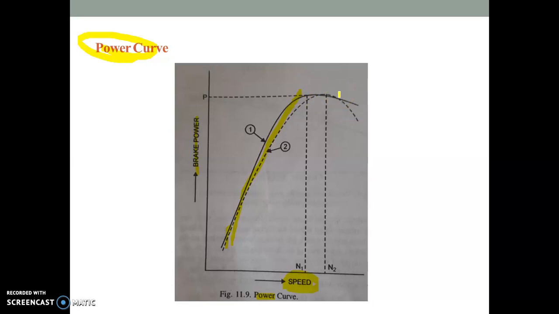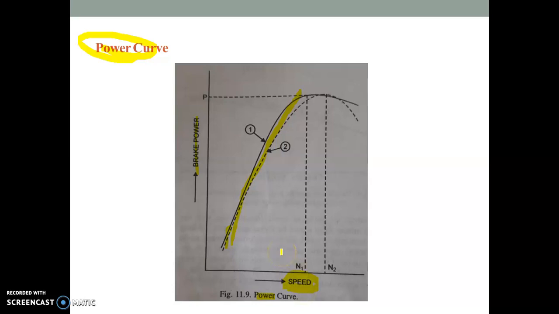With the increase in the speed, the curve goes on decreasing in slope till the power reaches a maximum, after which it starts decreasing. The maximum value of the engine output and the engine speed at which it occurs are invariably given in the engine specifications. This diagram shows the power curve for two different engines.